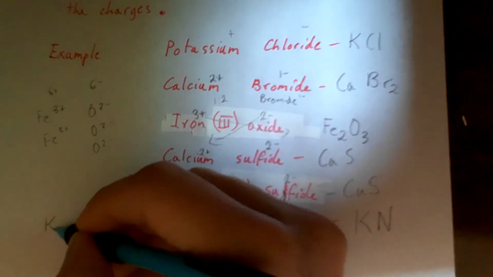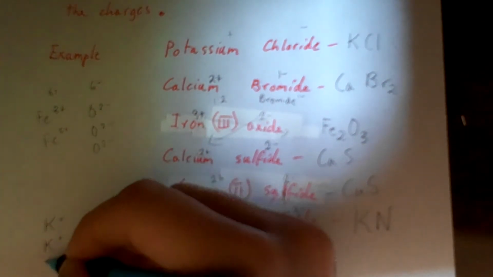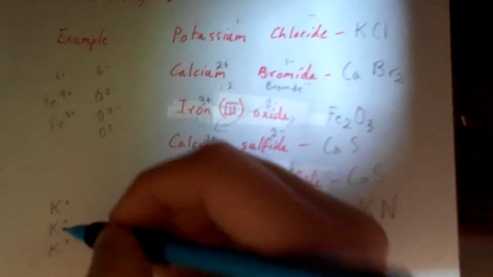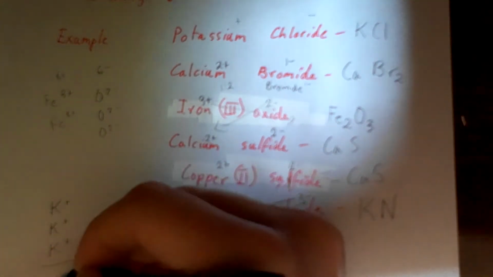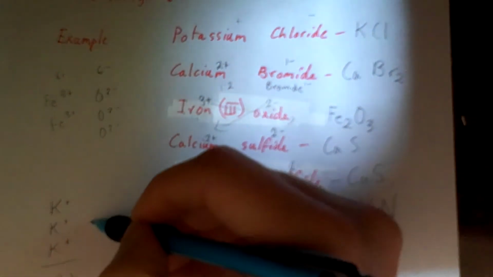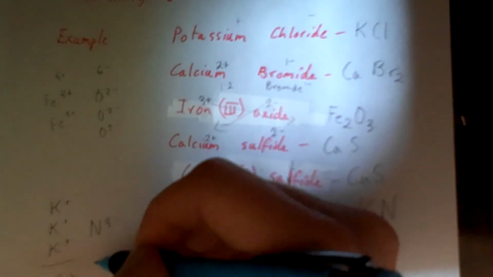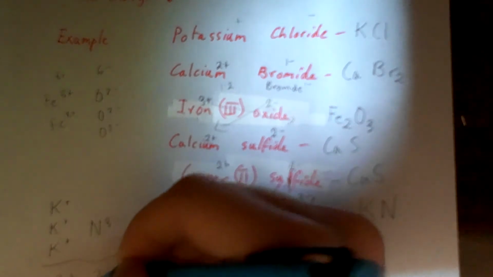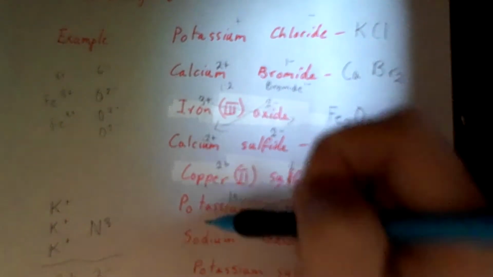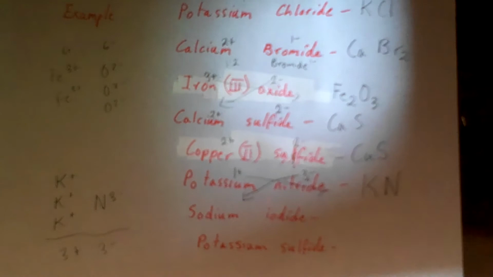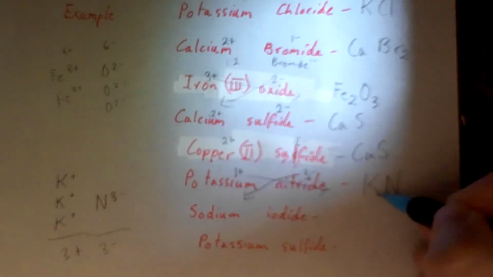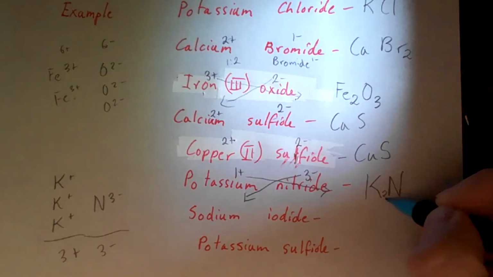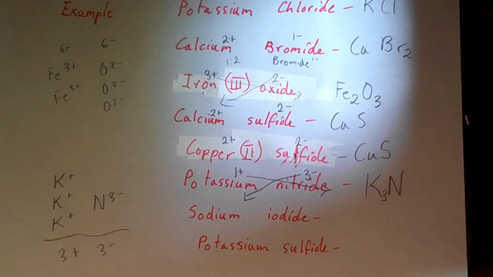Well, we're going to have 3 potassium ions. 1 plus 1 plus 1 is 3 plus, and we just need 1 nitrogen, which has 3 minus. 3 plus cancels out 3 minus. Okay, so we're going to have K3N as our formula.